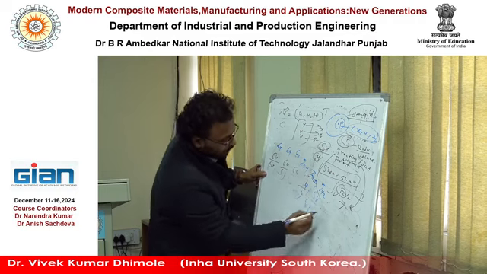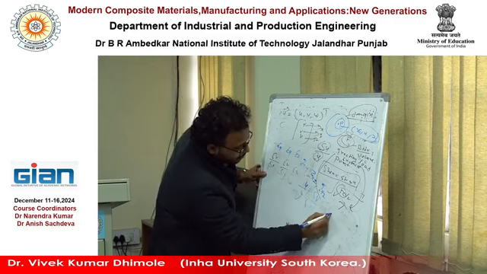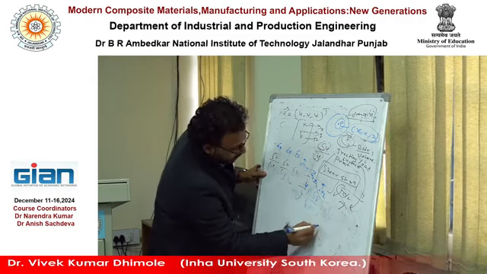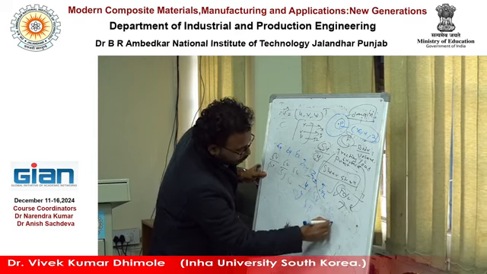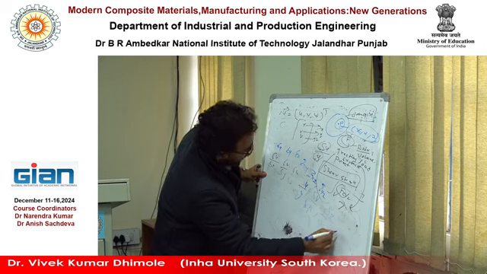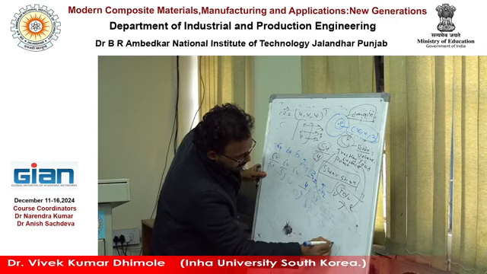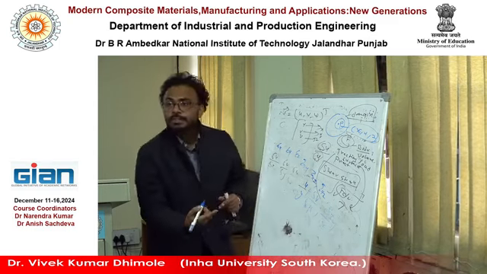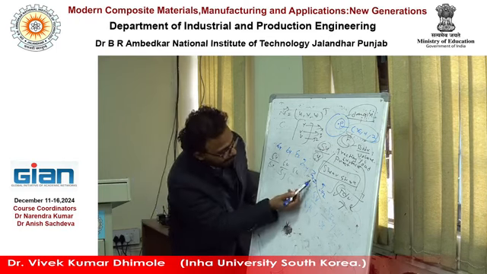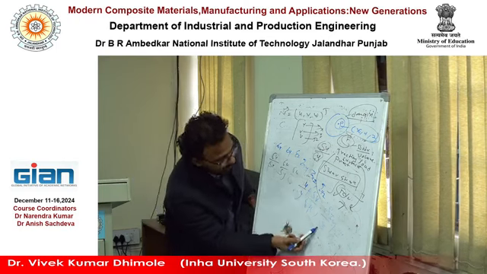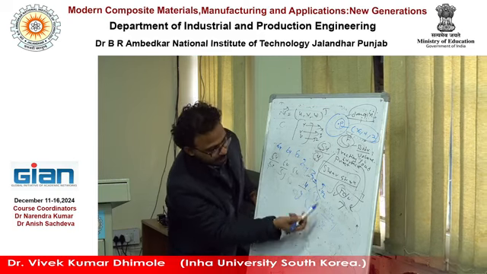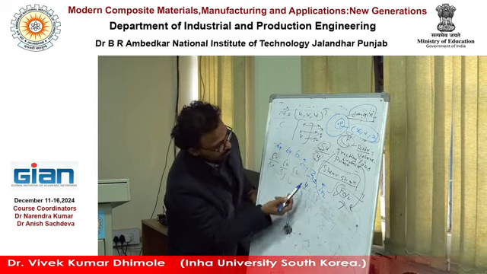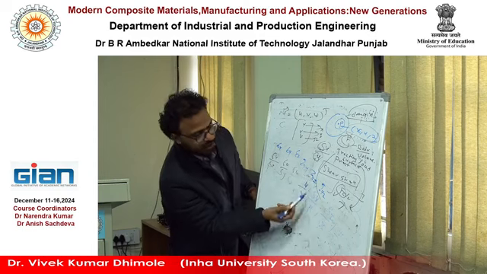Tau xz is del w upon del x plus del u upon del z, okay? So you understand how to do this, right? So shear strain xz means w x, u z. So this is shear strain.